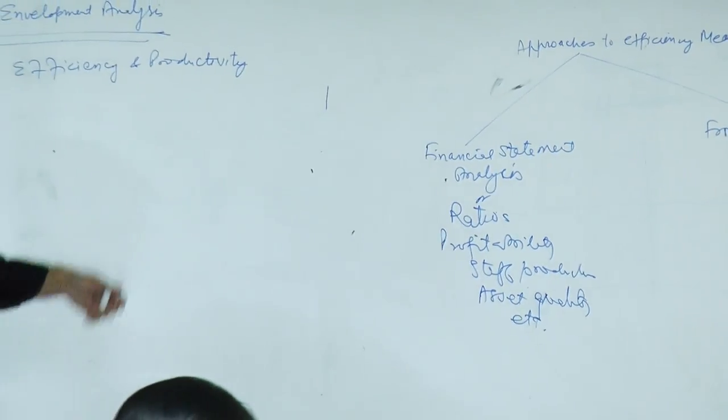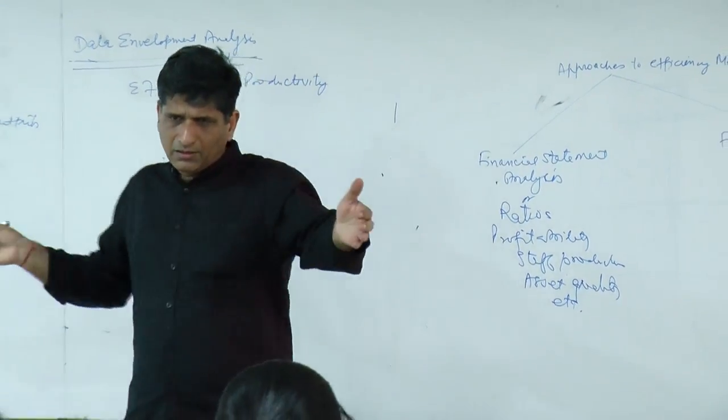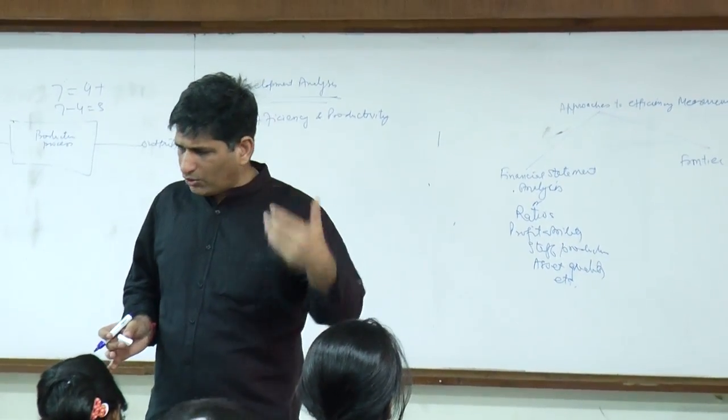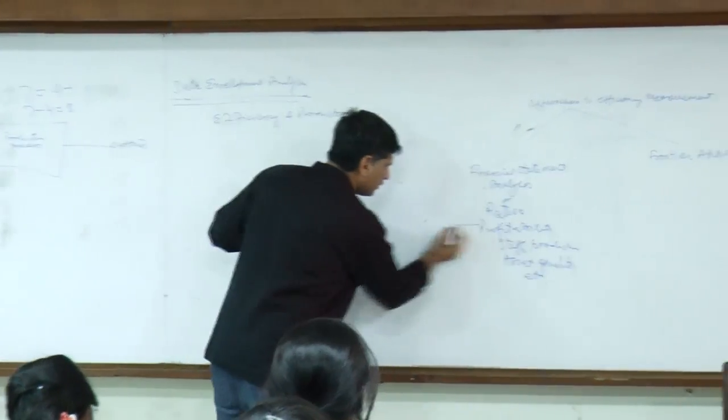Now, in each category there are again a large number of ratios. For example, in profitability we have ROA, we have ROE, we have ROI. We know about these.